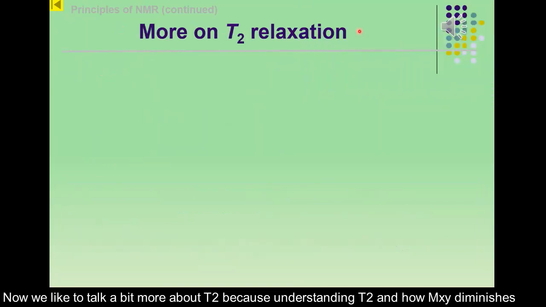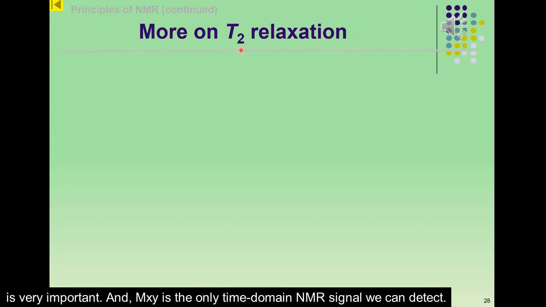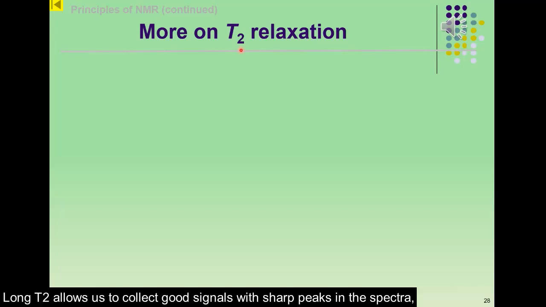Now, we'd like to talk a bit more about T2, because understanding T2 and how Mxy diminishes is very important. And Mxy is the only time domain NMR signal we can detect. Long T2 allows us to collect good signal with sharp peaks in the spectra.